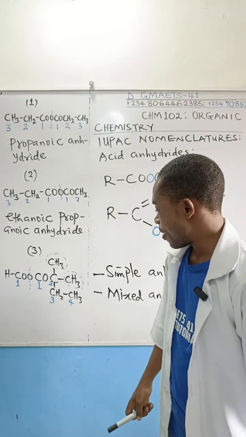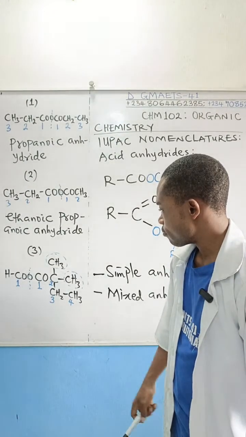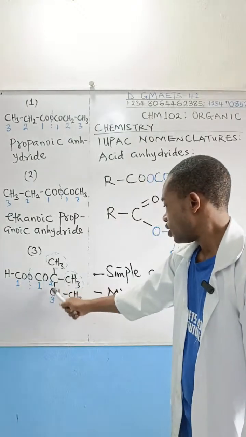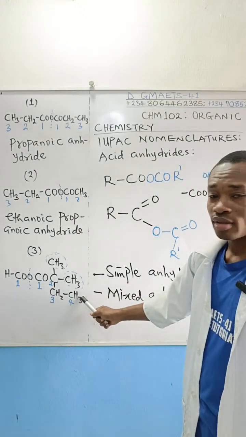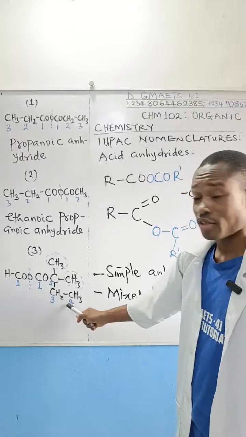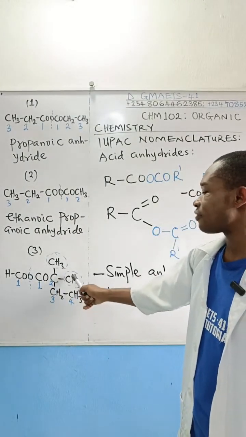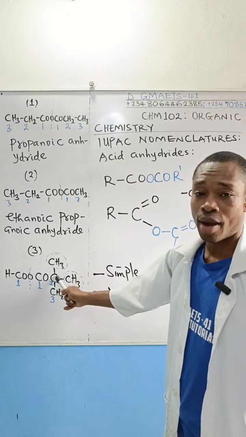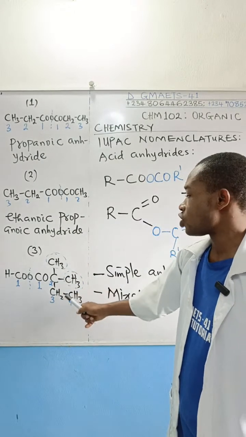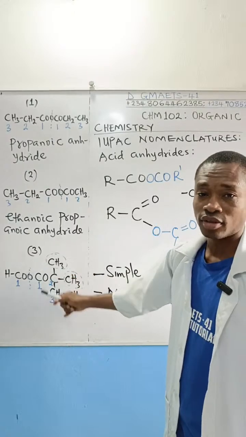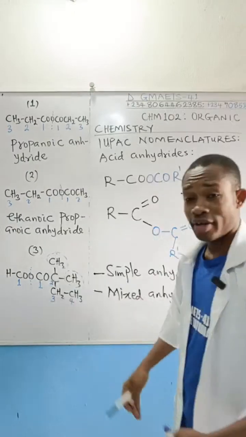Now, methanoic here, and then you look at this: this is butanoic, right? Because there are 4 carbon atoms. On that butanoic part, you have 2 methyl attachments on carbon number 2. That, of course, is going to be 2,2-dimethyl, and then you follow the parent name.